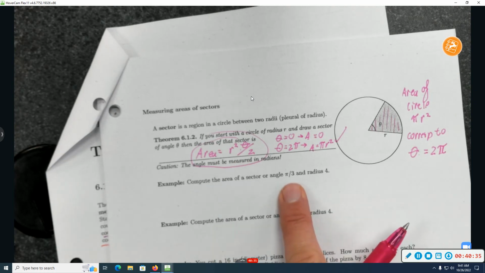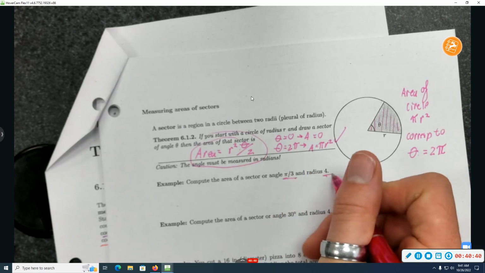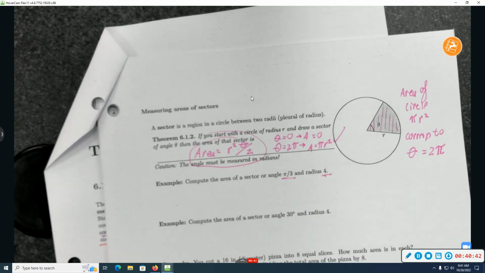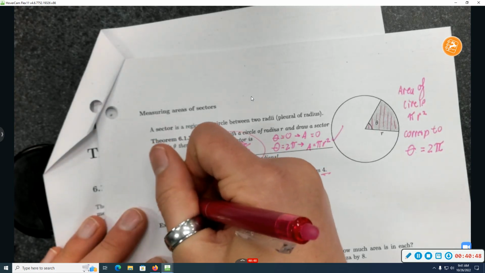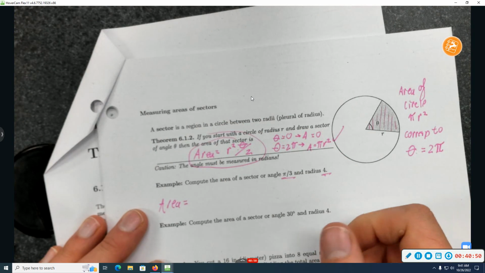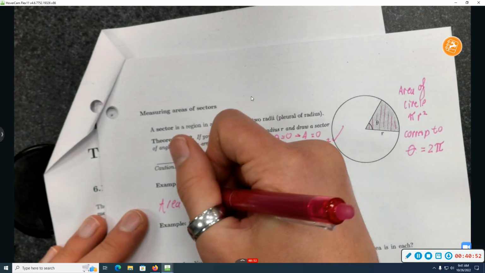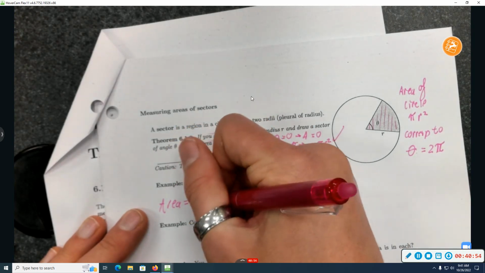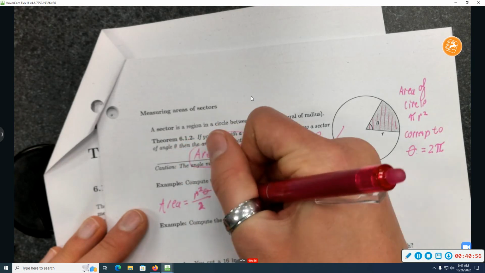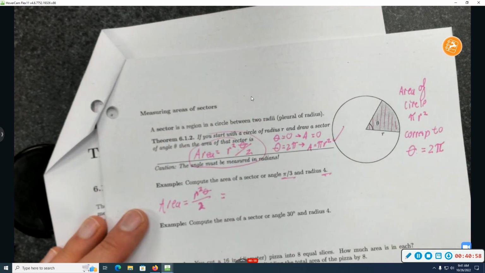So let's compute the area of a sector whose angle is pi over 3 and radius is 4. And this is the simplest thing possible, right? What's the formula for the area? It would be r squared theta over 2. What's the radius of the circle? 4.